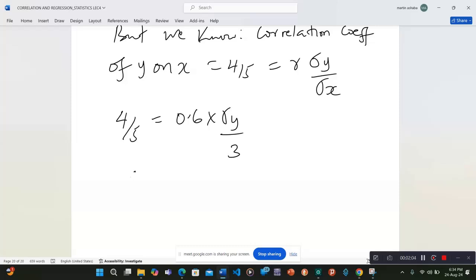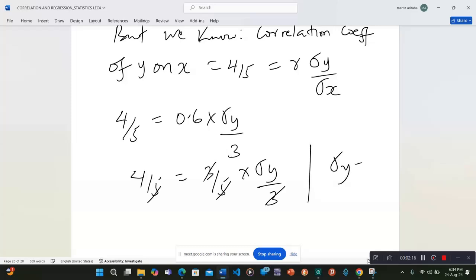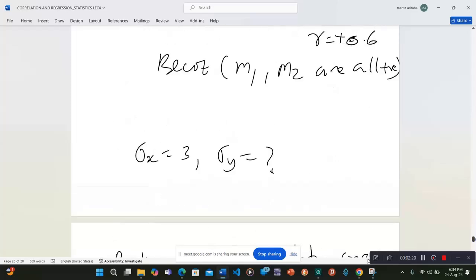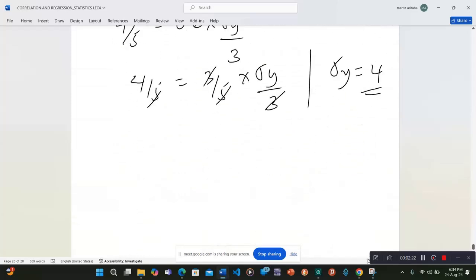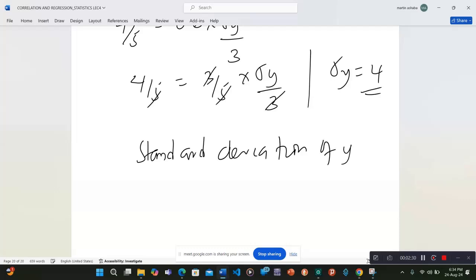So this was 4 out of 5 equal to 3 out of 5 times sigma y divided by 3. This and that will go, this and that will go, and sigma y is equal to 4. So the standard deviation of y is equal to 4.